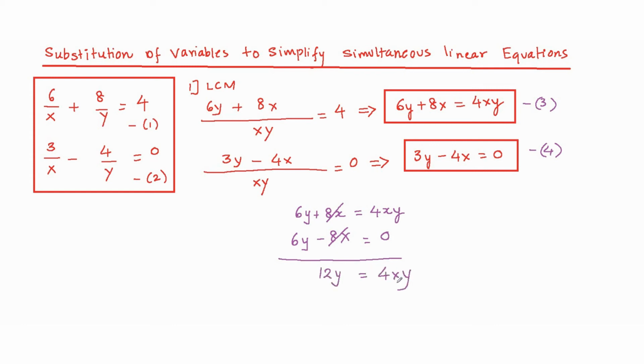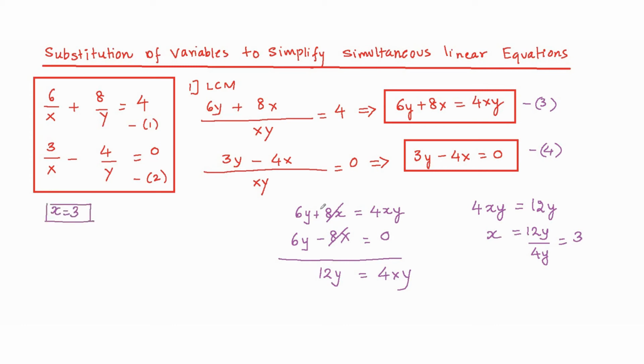Now what I'm going to do is, let me leave the x on one side. So my equation is 4xy is equal to 12y. Let me leave x on one side. 4 and y will go down to division. So 12y upon 4y, that becomes 3. And therefore, the value of x in this equation is equal to 3.